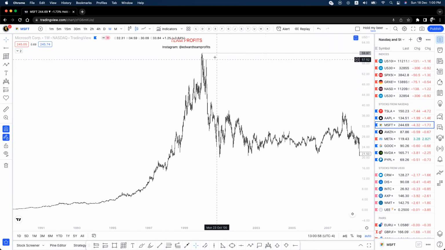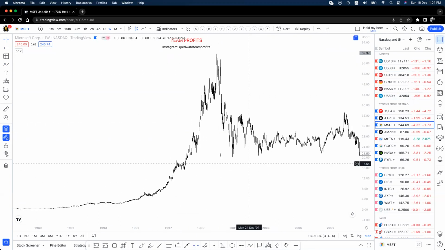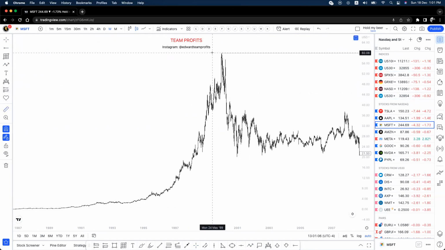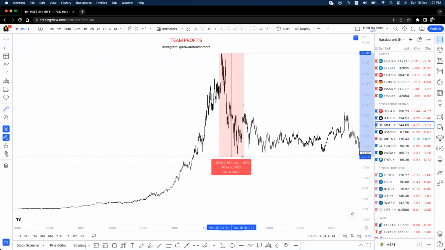Then after that, of course, it had a big drop, a huge crash, for about a year. It was a big drop. 420 days crashing, right? And it dropped 66% in 420 days. This was a huge drop.